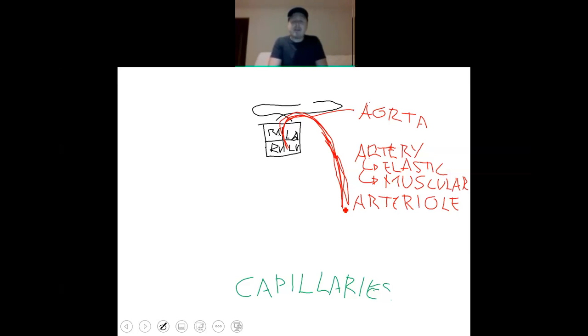The other thing that the muscular arteries start doing when we go further down this loop is slowly decreasing that fluctuation, and slowly we are getting ready to bring down the pressure before we reach the capillaries. So by the time we got to the arterioles, there was an adaptation that's going to be important.